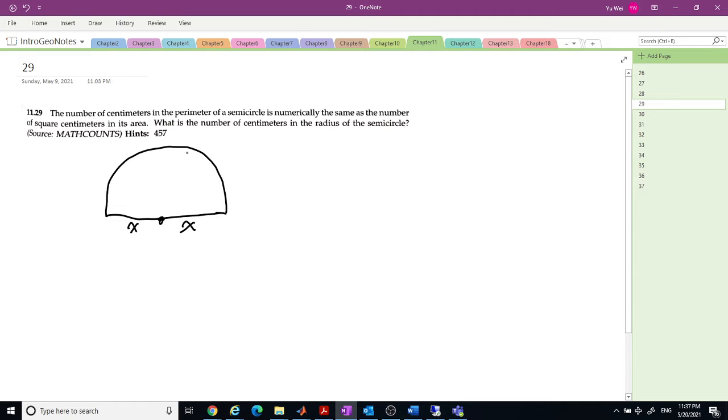So now the perimeter will be 2x plus the arc, right? This arc is half of the circle, so the circle will be 2 pi times x, divided by 2. So you can see it's 2x plus pi x.